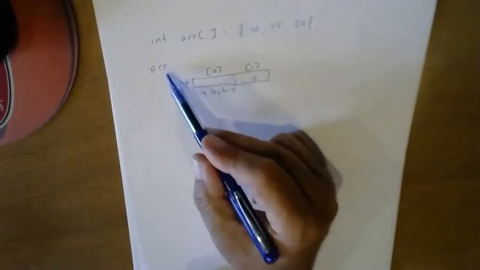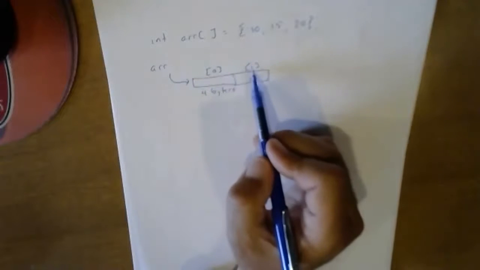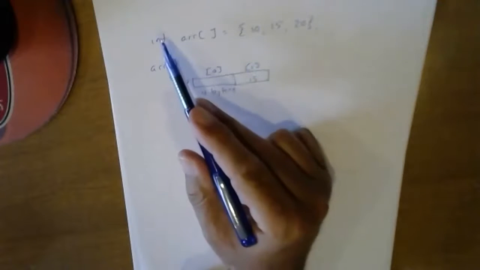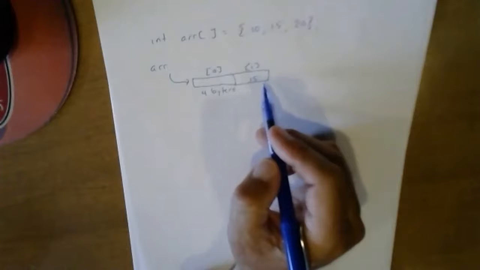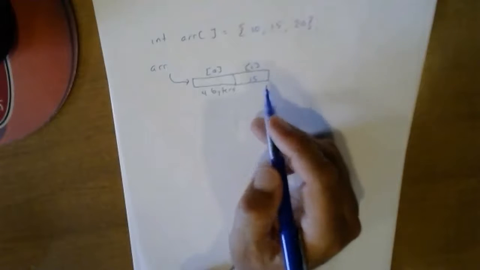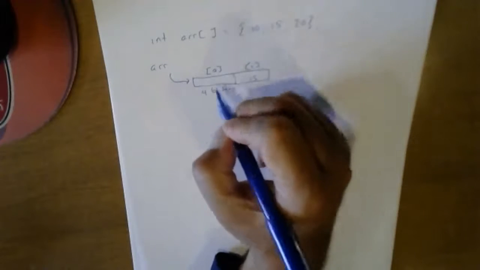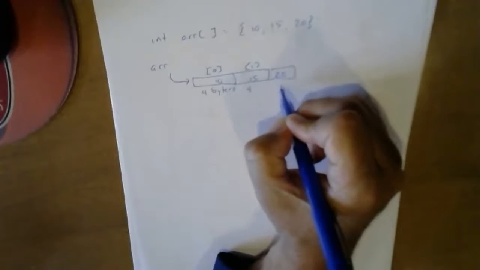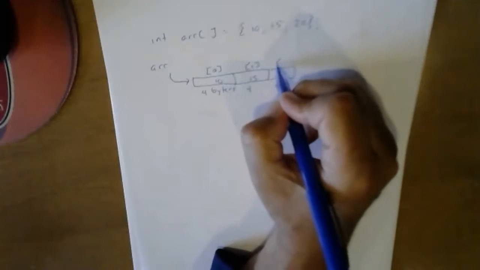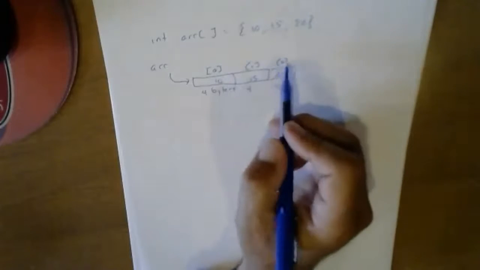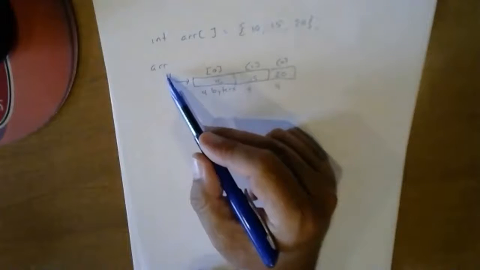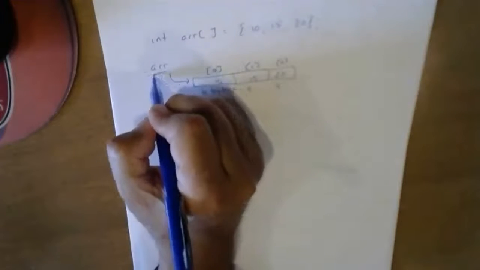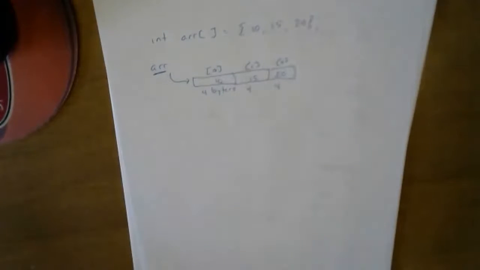So I'm going to go to the memory address array, multiply the 1 times the 4 bytes to get to this location where the 15 is stored, and so on throughout the array. 4 bytes, and this would be subscript 2. So 2 says go to the memory address array and jump. So start to think of ARR as what we'd like to call the memory address.